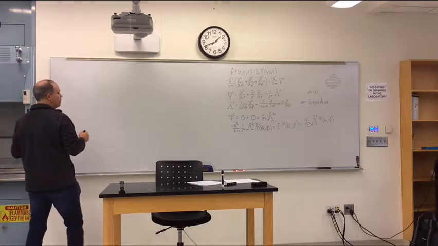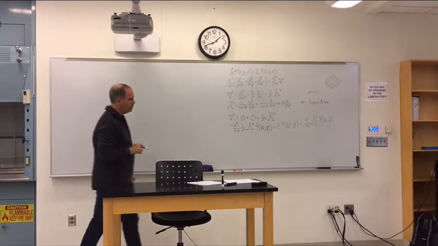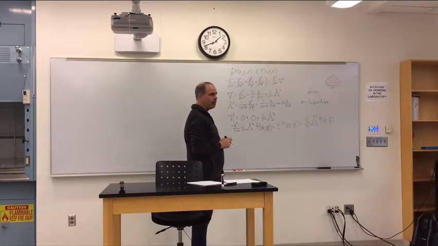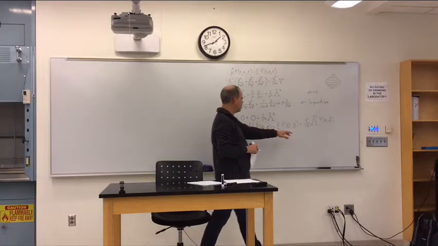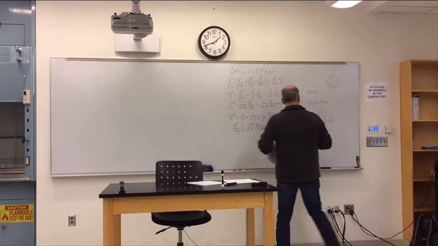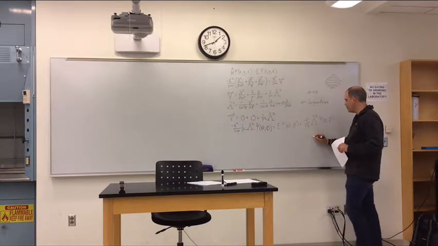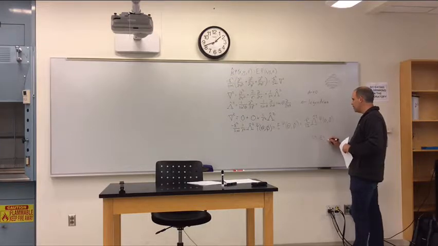Okay, now, one of the things that your book and a lot of sources do, and I just want you to be aware of what's going on, is they lump together this stuff here with the E to rearrange the equation just a little bit. We're going to let that equal 2IE over ħ squared.